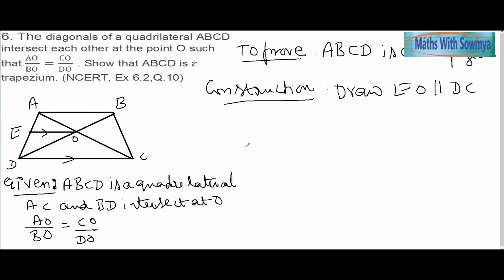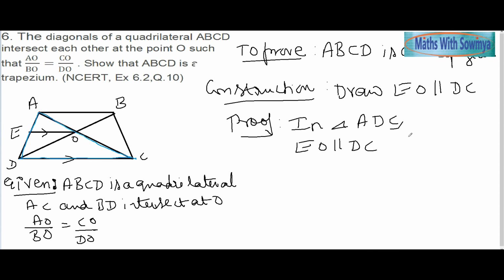Now coming to the proof. In the proof, I will take this particular triangle here, which is ADC. In triangle ADC, EO is parallel to DC by construction.